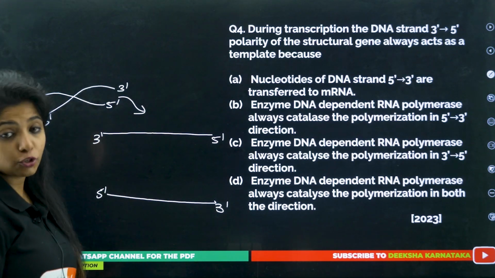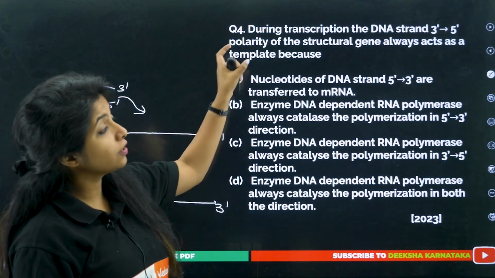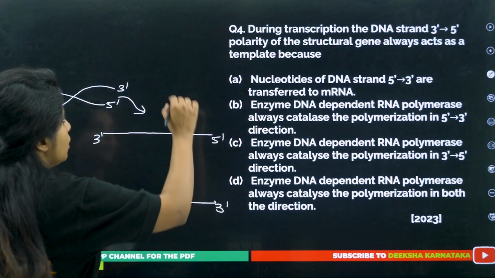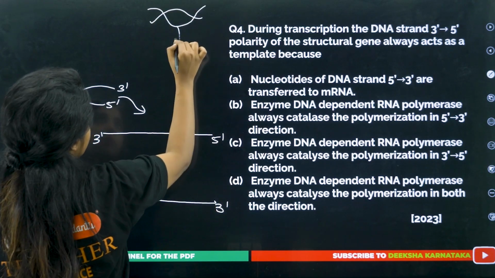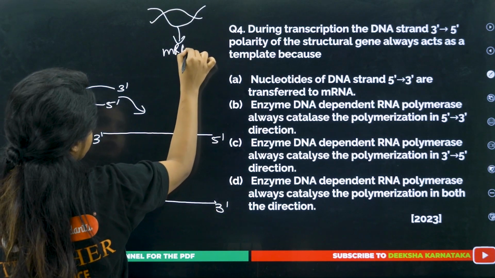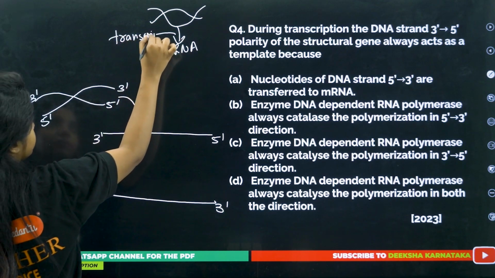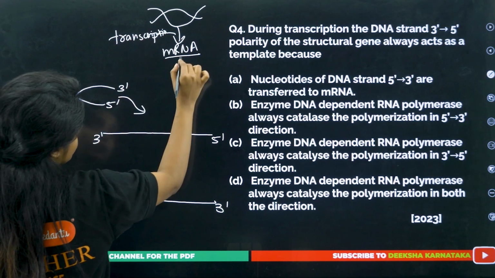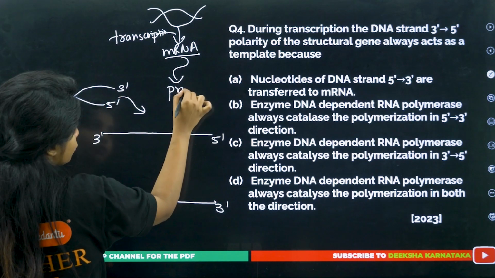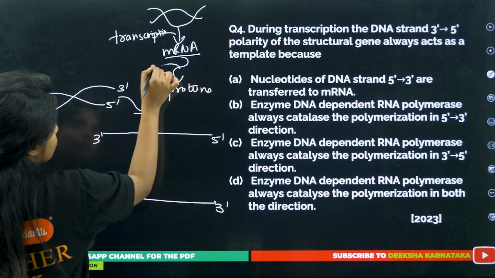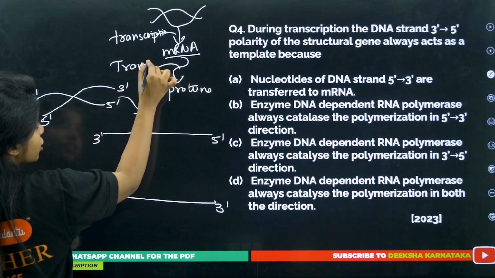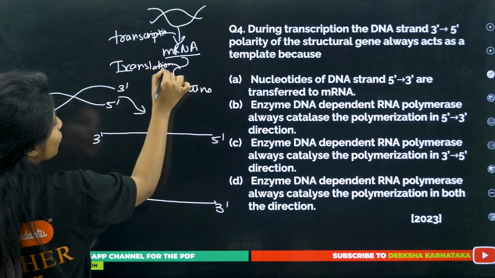Works? Now listen to me carefully. The question says, during transcription, what do you mean by transcription? When DNA makes an RNA out of it, this is known as transcription. This mRNA which is being formed helps in the formation of proteins, and this is known as translation, where I am translating the information of the mRNA.